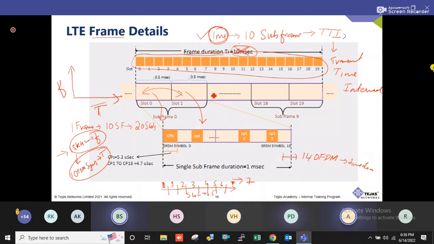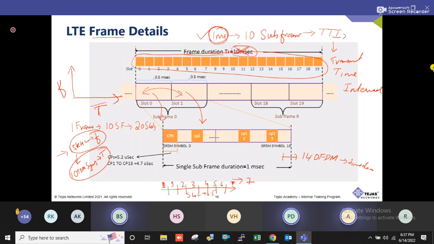Okay, what I understand from the frame, the total frame length is 10 microsecond. 10 millisecond. Sorry, 10 not microsecond, 10 millisecond. And there are 10 subframes. Exactly. Every subframe has 2 slots. Very good.